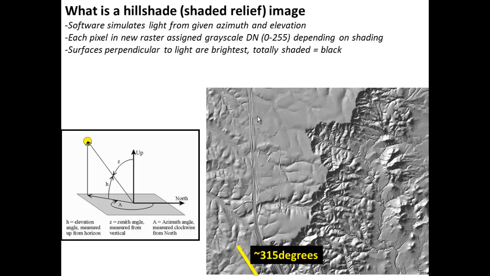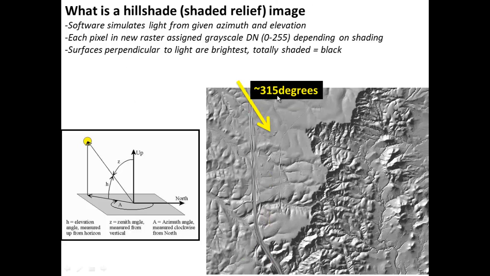And so in this case, if the light is shining from 315 degrees or out of the northwest, you can see that the computer has simulated brighter, better illuminated areas versus shadowed areas. In this image, there's a pretty flat surface with a road going across it, and then we've got the edge of a plateau here with some of these rivers that are dissecting headward and have created some very steep slopes up against this plateau. And so those are obviously showing up in the shadow.